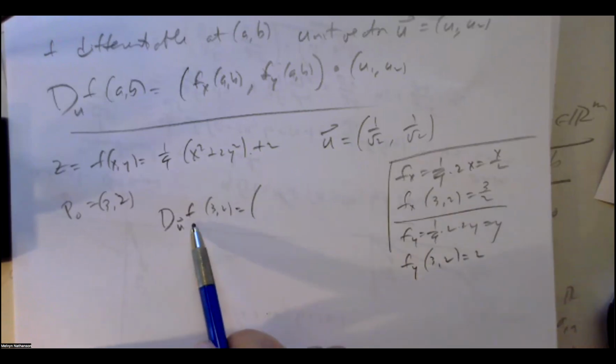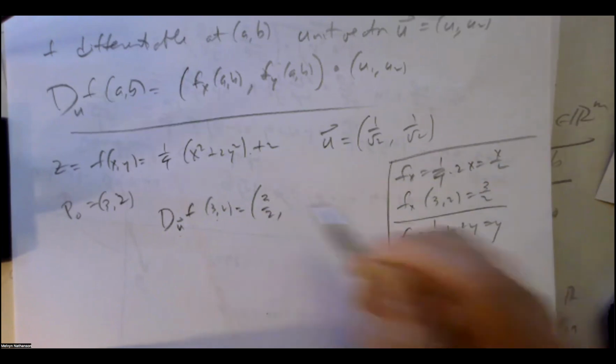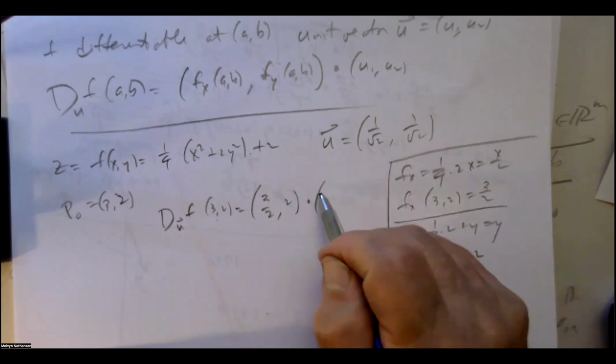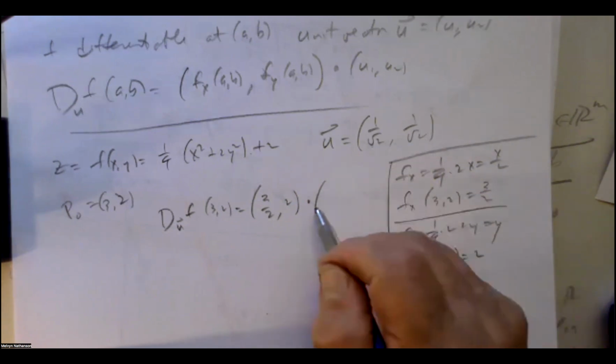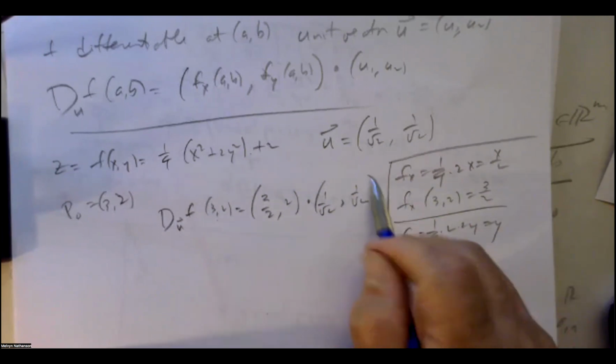So the derivative of f in the direction u at the point 3, 2 is the dot product of fx, fy. That's 3/2, 2, dot product with u1, u2, 1 over root 2, comma 1 over root 2.